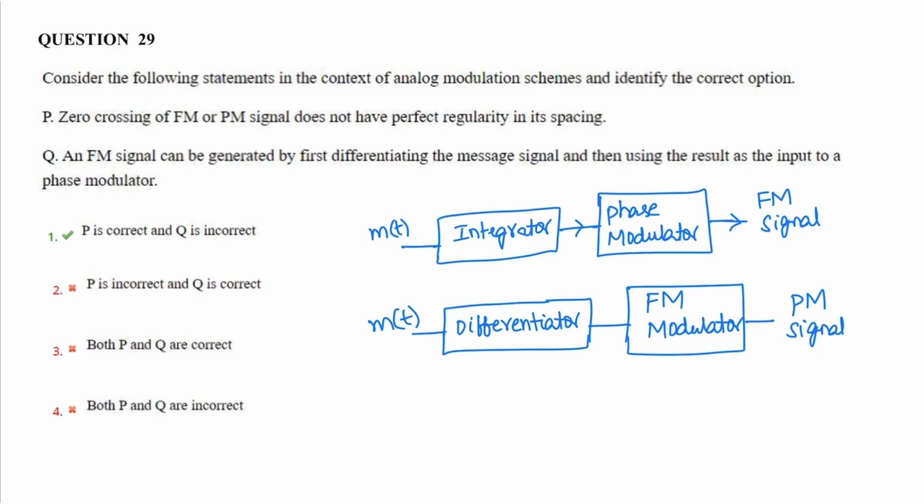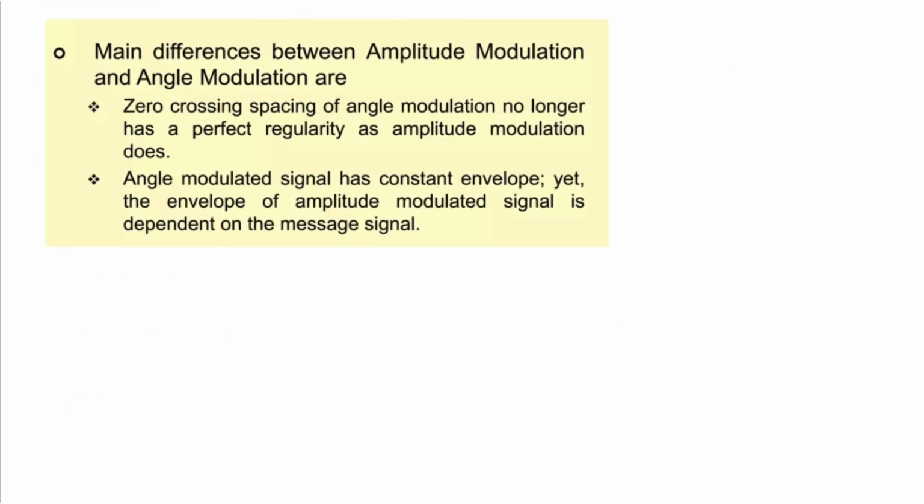And zero crossing of FM signal: angle modulated signals no longer have perfect regularity in their spacing of zero crossings. Zero crossing refers to the time instant at which the waveform changes between positive and negative values. So zero crossing spacing of angle modulation no longer has perfect regularity as amplitude modulation does.